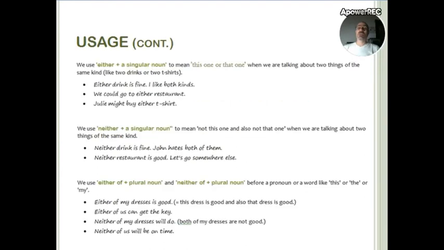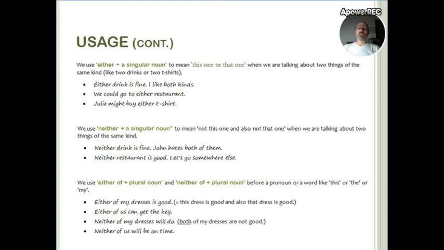We can also use either plus a singular noun to mean this or that one. For example, either drink is fine. I like both kinds. So, if you're offered tea and coffee, you would say either is fine, either drink is fine, like either of them.